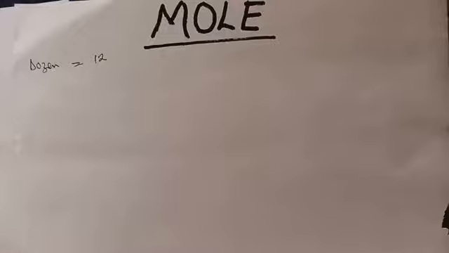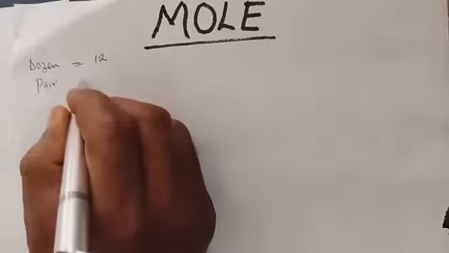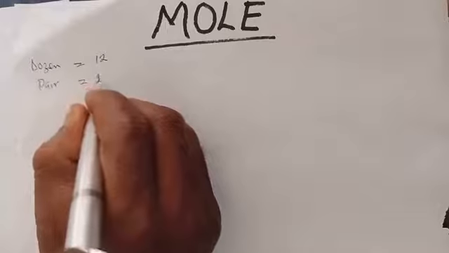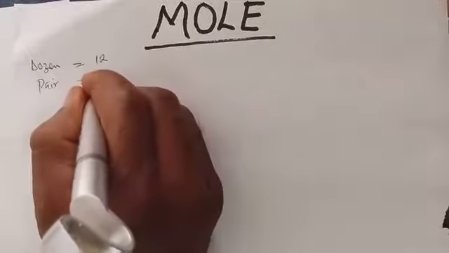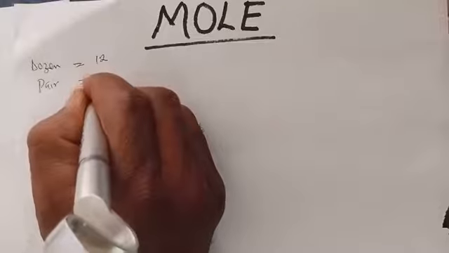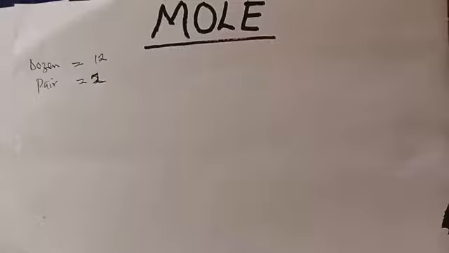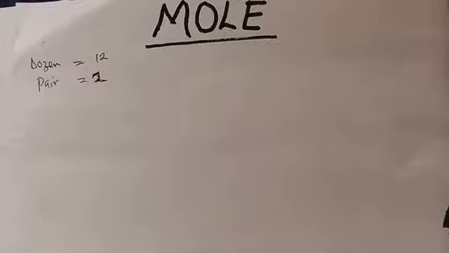Also, when we talk about a pair, we know we are talking about two: a pair of shoes, a pair of socks. Everywhere, a pair is two of that thing. So also the concept of a mole is a standard that represents a large number.